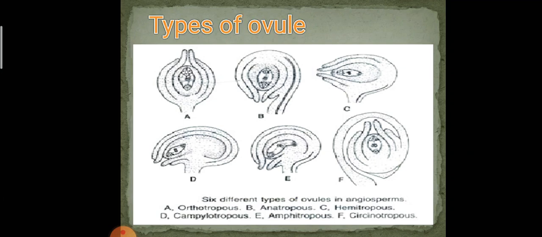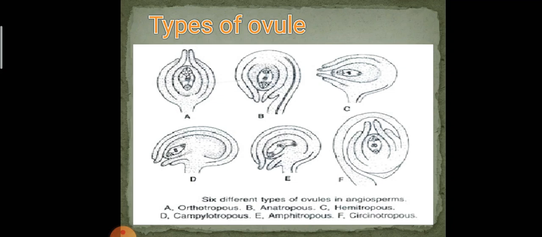Urticaceae and Polygonaceae family members consist of orthotropous ovule. Most of the angiospermic plants consist of anatropous ovule, while some families like Cruciferaceae, Primulaceae, Ranunculaceae consist of hemitropous ovule, and campylotropous ovule is present in Capsella, Capparis or leguminous plants.